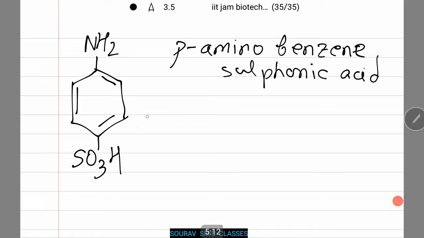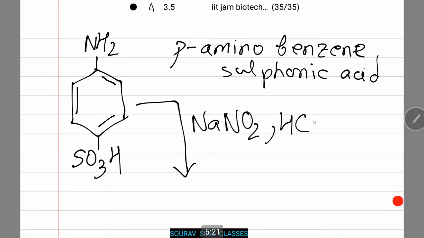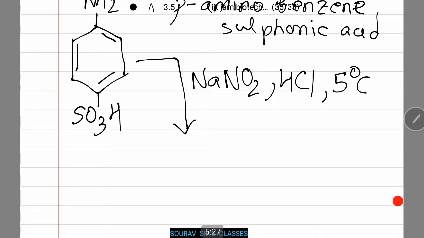Now, when this acid is treated with sodium nitrite, that is NaNO2, in presence of HCl at 5 degrees Celsius, this process is known as a diazotization reaction.